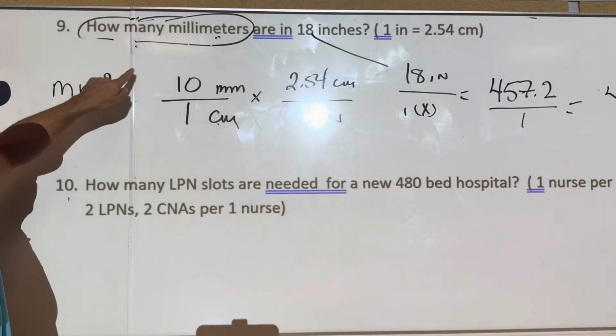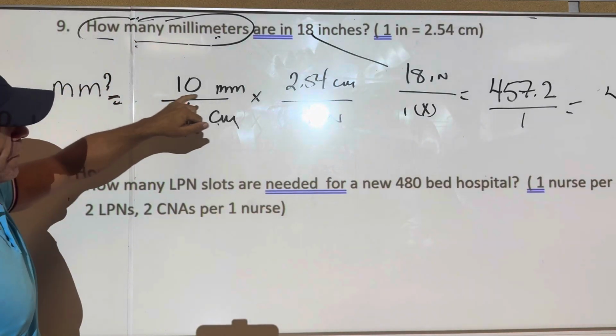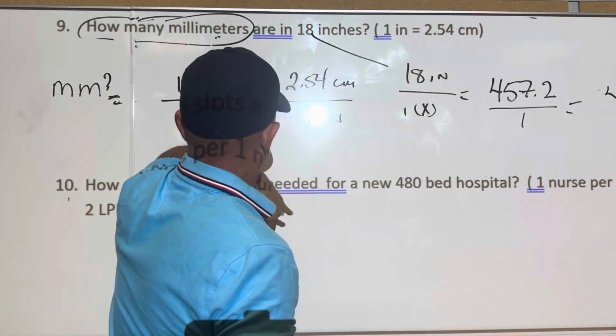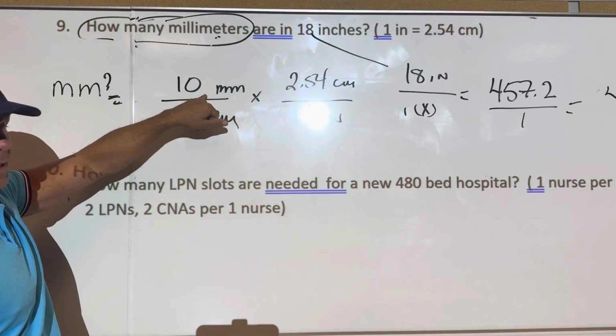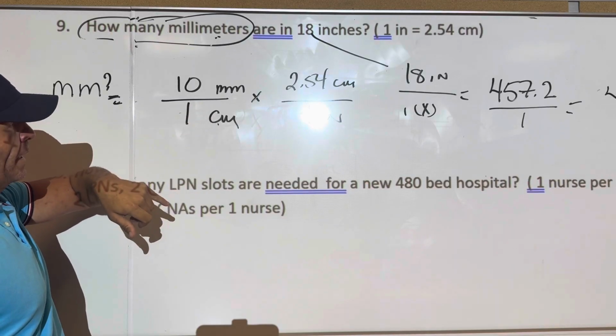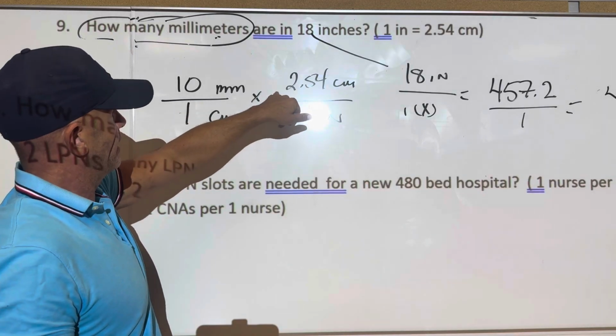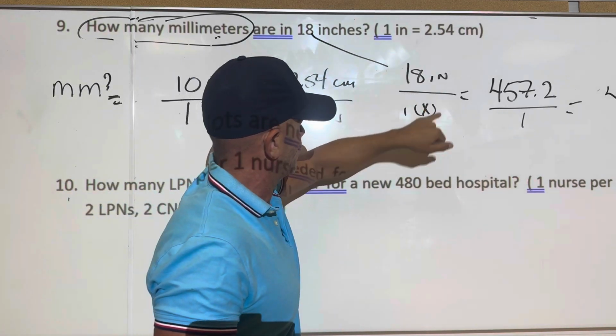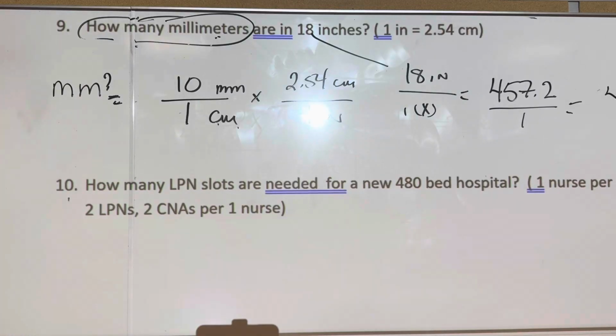They're looking for millimeters. We first have to find out how many millimeters are in centimeters. The difference is 1 0, so it's 10 over 1. Then you multiply. Then you bring your 2.54 centimeters per inch. That gives you the 457.2 millimeters.